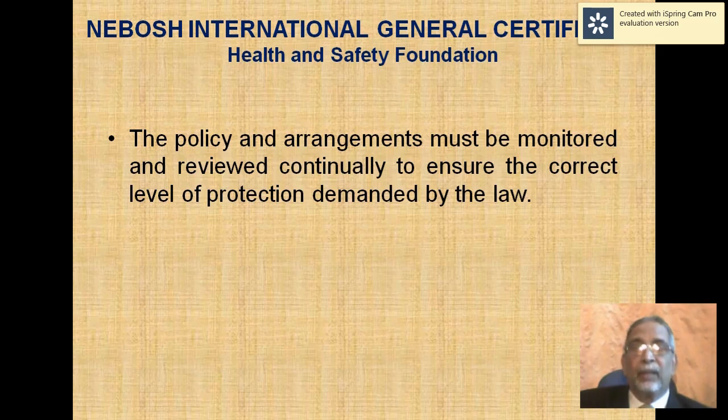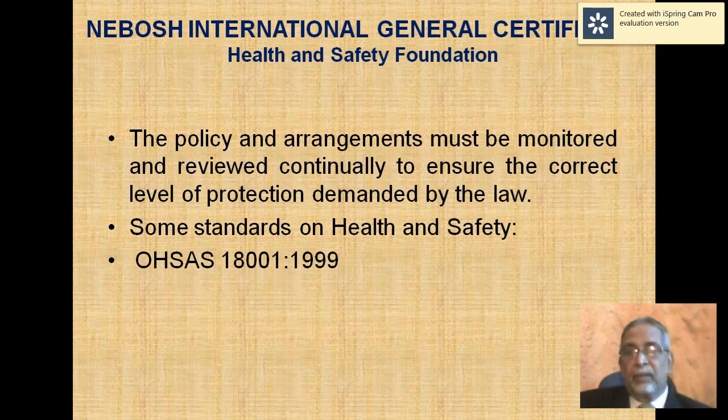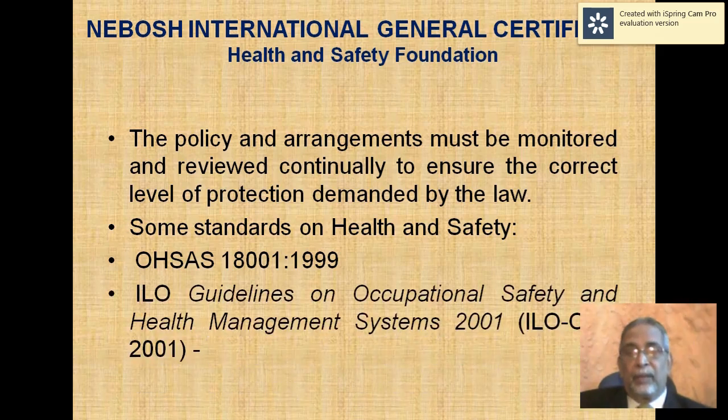The policy and arrangements must be monitored and reviewed continually to ensure the correct level of protection demanded by the law. Some standards on health and safety are OHSAS 18001 1999, and ILO Guidelines on Occupational Safety and Health Management Systems 2001, ILO-OSH 2001.